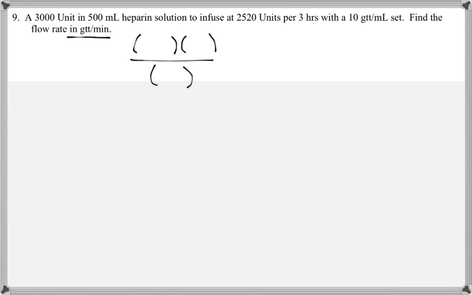And the order is coming in at 2,520 units per 3 hours, and our strength is 3,000 over 500.